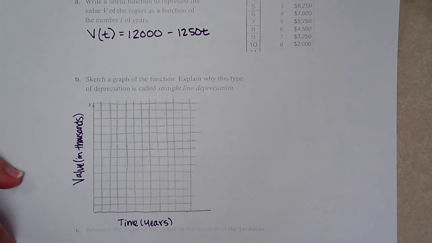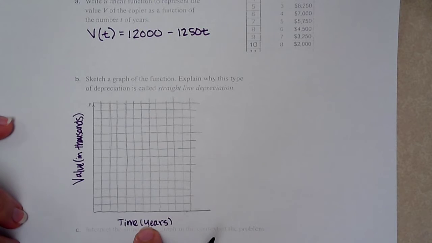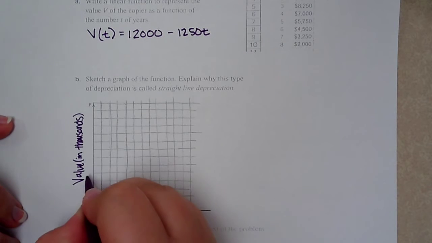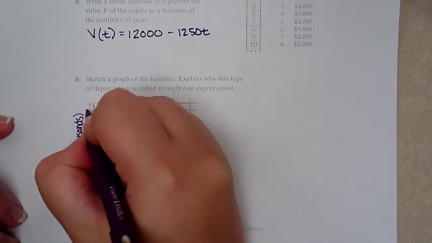Next up, it says sketch a graph of the function and then explain why this type of depreciation is called straight line depreciation. So I've already labeled my x and my y axes, and then of course I'm going to throw some numbers in here. So after 2 years, 4 years, 6, 8, 10, value in thousands, let's go up by the same amount, 2, 4, 6, 8, 10, 12.